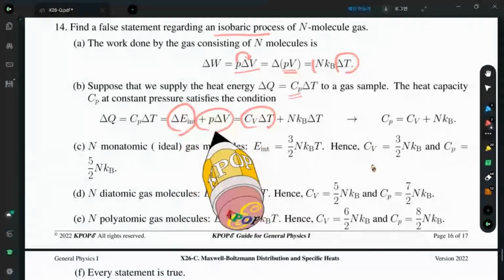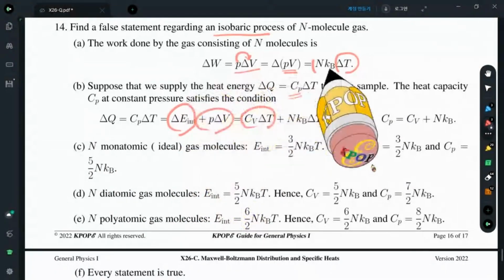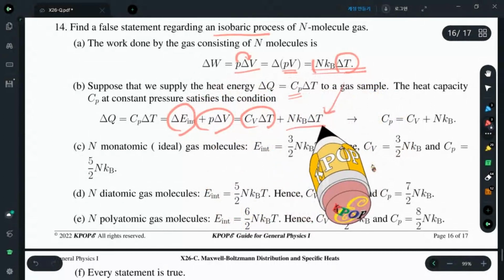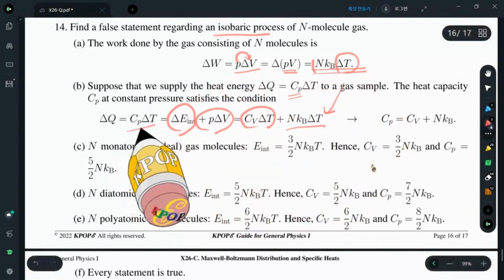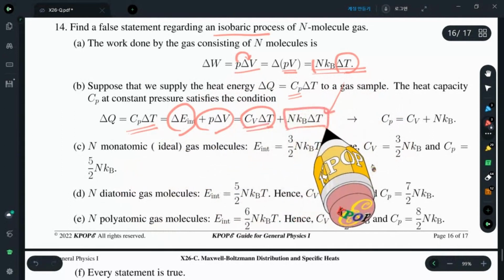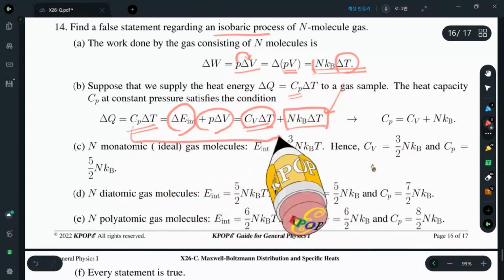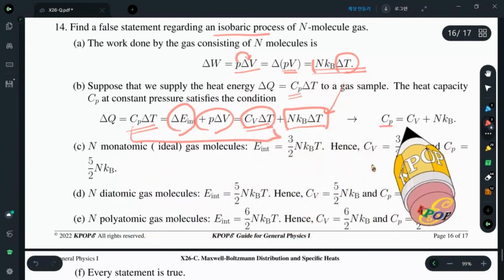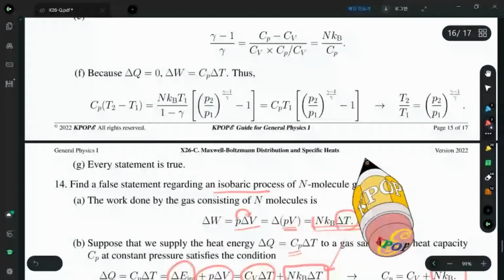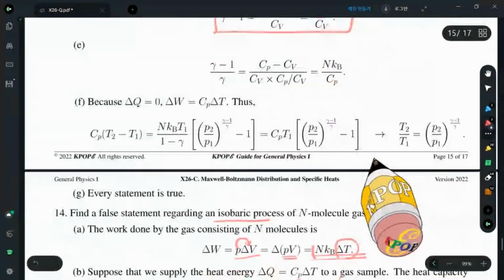P delta V at constant pressure is NkB delta T, right? That's the reason Cp delta T and Cv delta T differ, and from this, Cp minus Cv is NkB. That has been used in this expression.